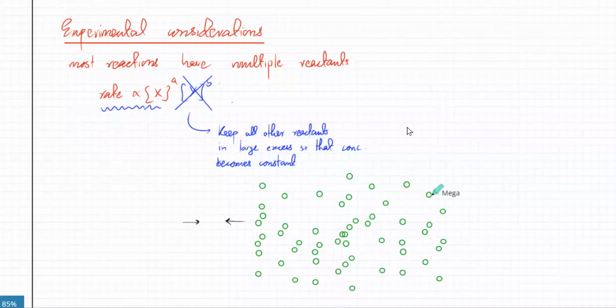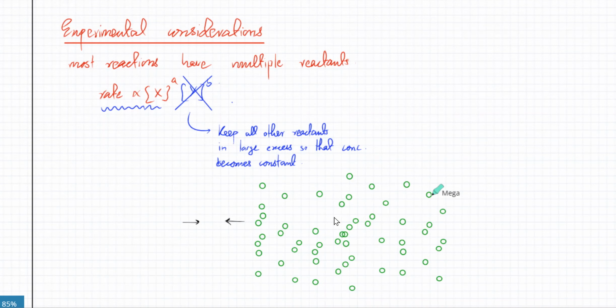Okay, and remember this point that when you're trying to plot two variables, like rate versus X concentration, you have to keep every other variable constant. And Y is a variable. Y is going to get used up. But if you add too much of it, then even if it gets used up by a very tiny amount, its concentration pretty much remains constant.